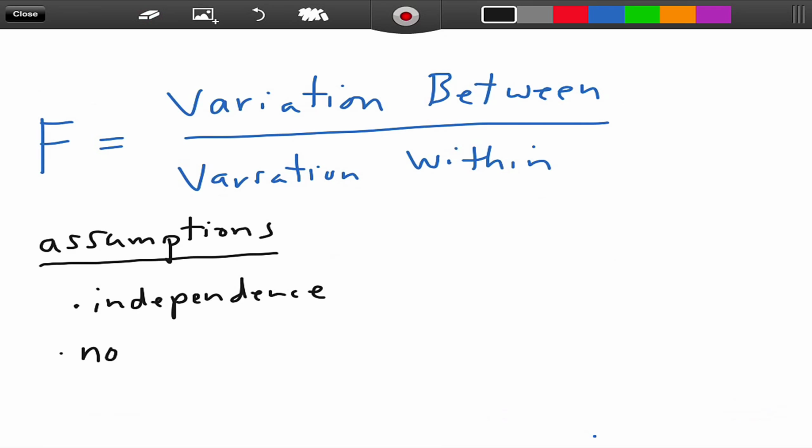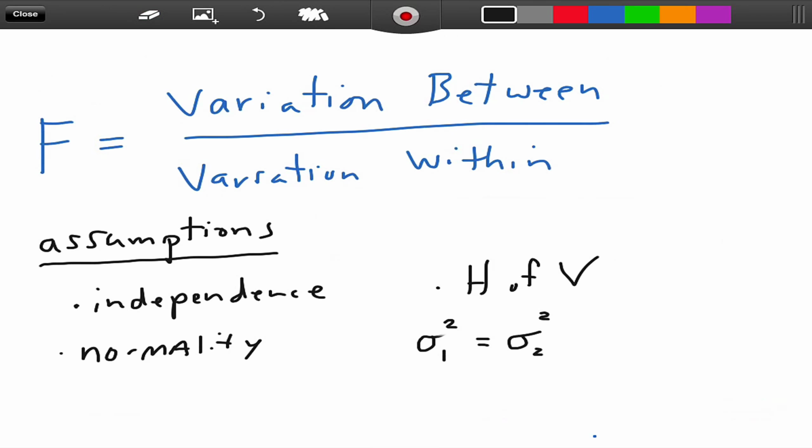Another thing that we're going to need is normality. And the final thing we need is what we call the HOV. This is homogeneity of variance. In other words, we need an indication that the variance from our first population and the variance of our second population, in this case we're looking specifically at k equal 3, and the variance of our third population are equal.